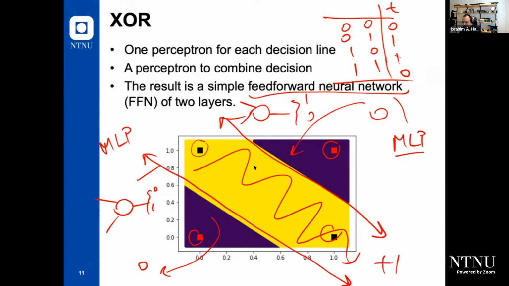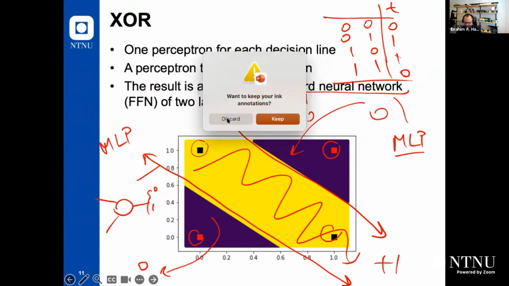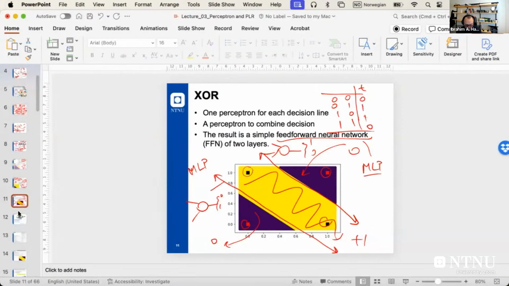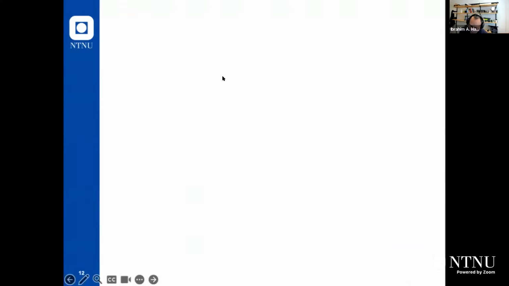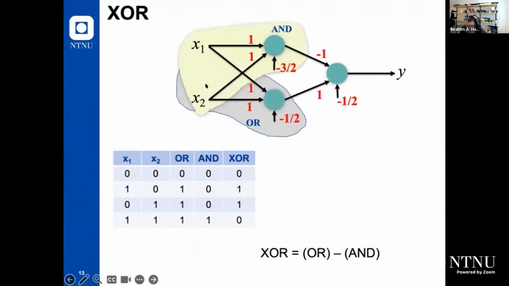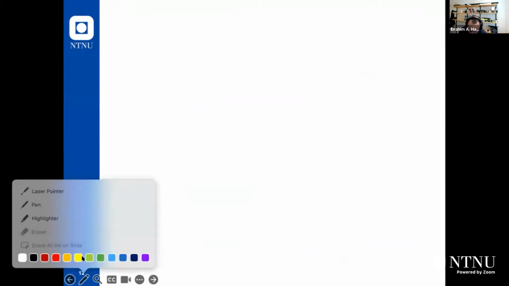So in this case, we will have a multi-layer perceptron. So if I want to plot it, it will be like this one. I will have 1 perceptron, and I will have another perceptron. I have my problem here. It has 2 inputs, one called X1, one called X2.